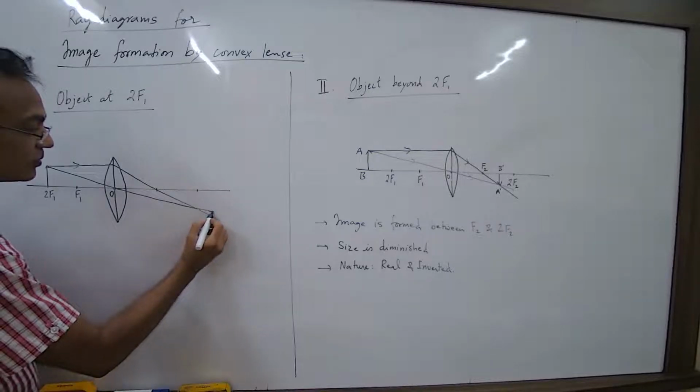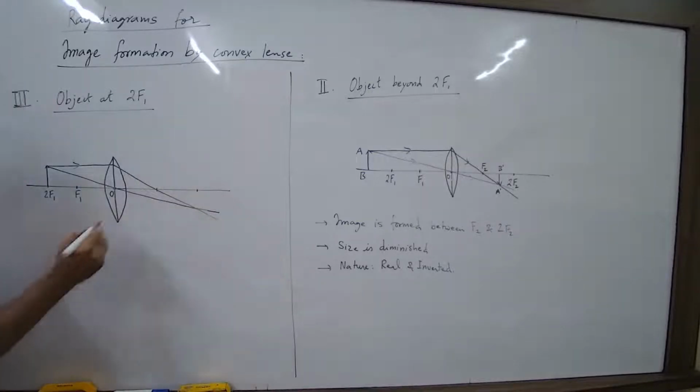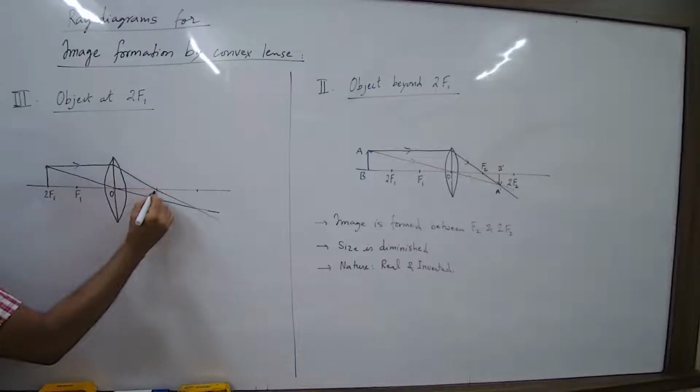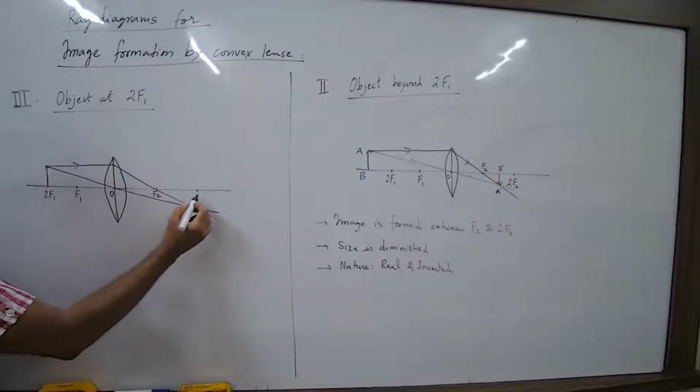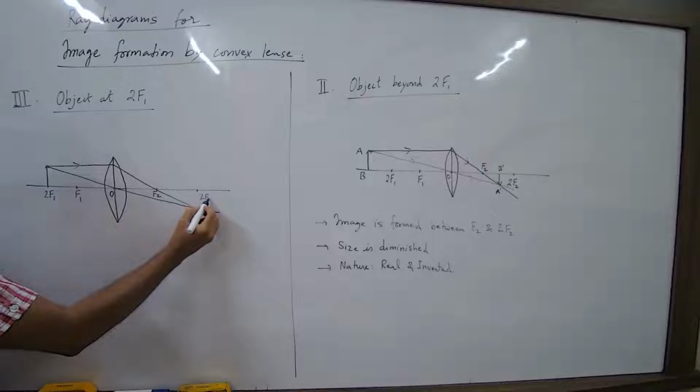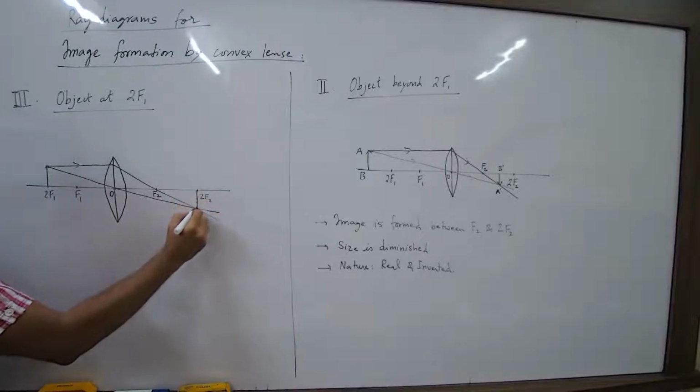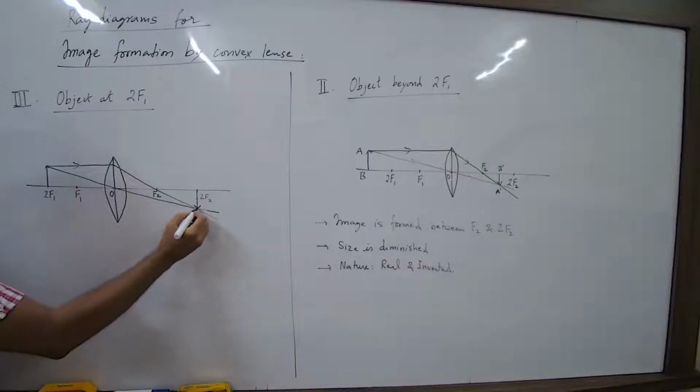Okay, so this is not. Now you can label. So this is your F2. This is 2F. Right.